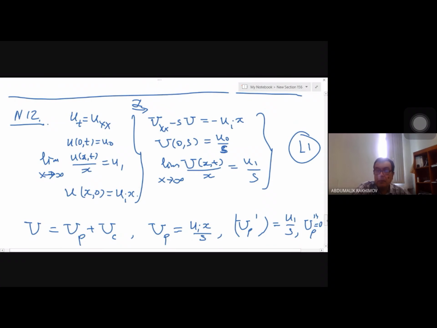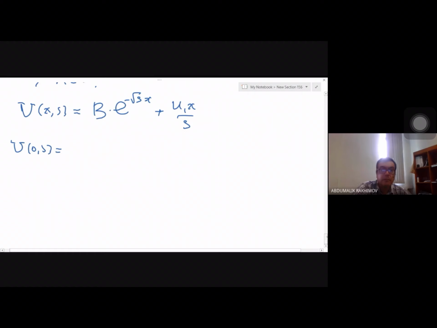So it is B exponential of 0, which is 1, plus u1 x over s equals u0 over s. So from this, at x equals 0, you can find that B is equal to u0 over s, right?